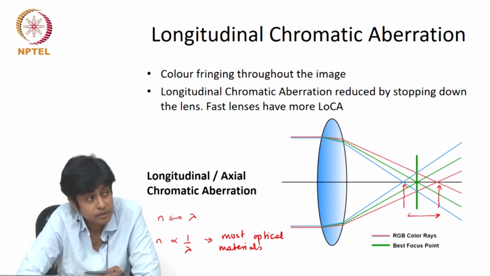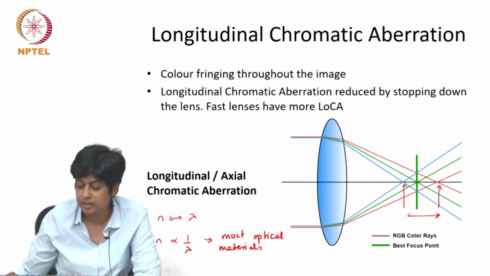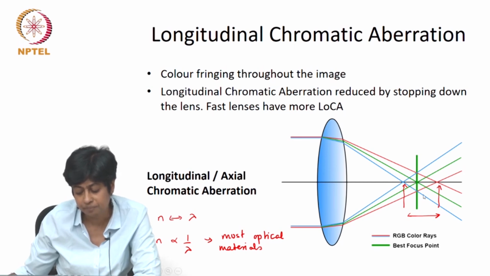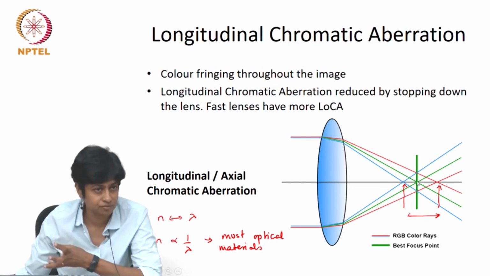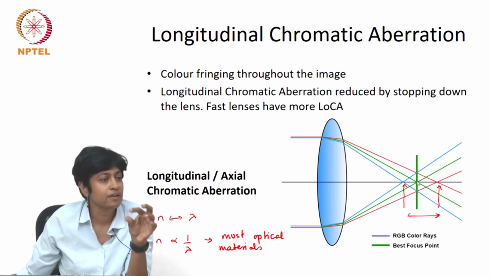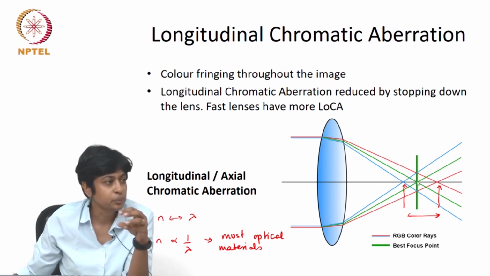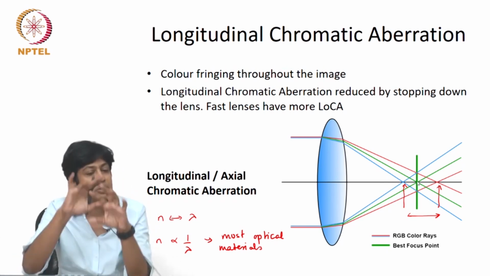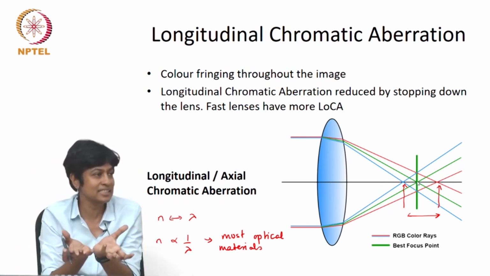Now, what does this mean when you look at an image which has been taken with a system that suffers from longitudinal chromatic aberration? Well, you can imagine if your image plane were as indicated here by this green line, the green light, or the middle wavelengths, have come to focus here. So you'll have a sharp point which is yellowish greenish, but you'll have this blue red haze around it.